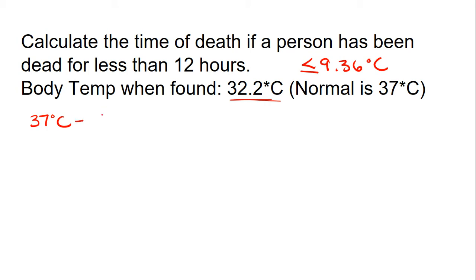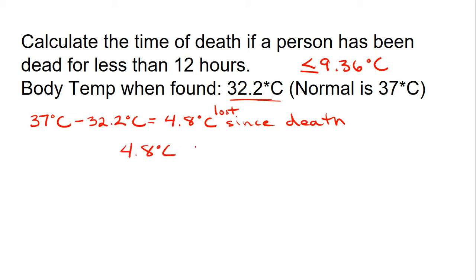So if I subtract what the body was when it was found from what it would be normally, we're going to find out that the body has cooled 4.8 degrees Celsius since death. Just for comparison's sake, 4.8 degrees Celsius is less than 9.36 degrees Celsius. So this is a less than 12 hours problem.